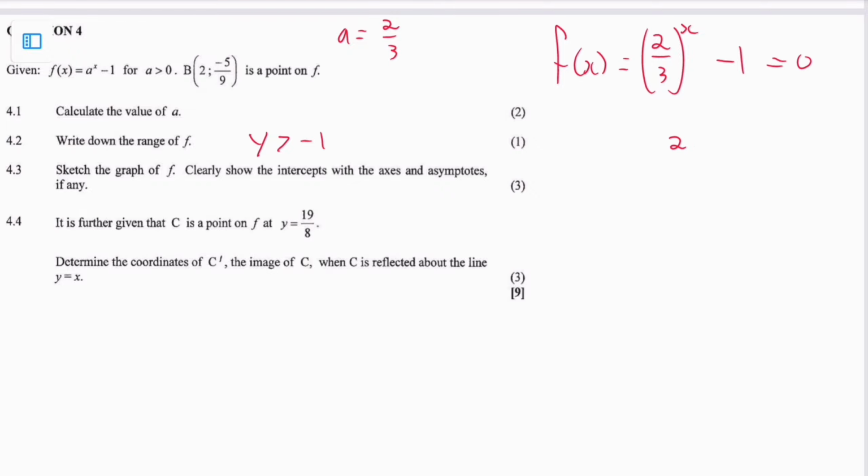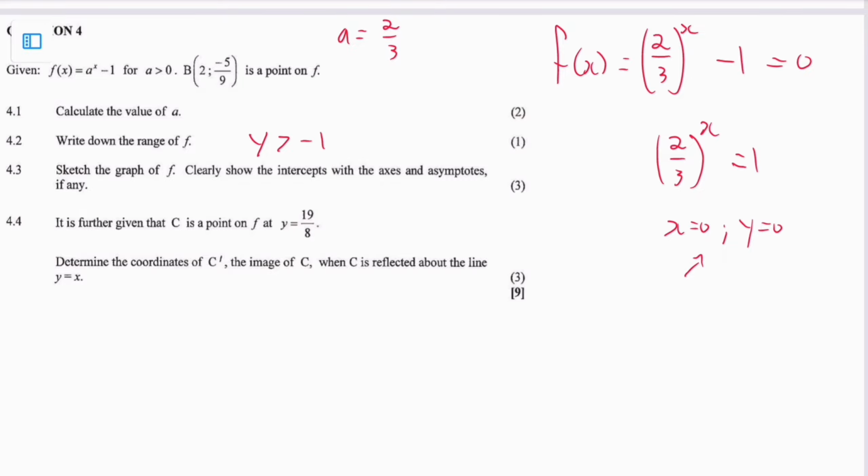So if we say 2 over 3 to the power x equal to 1, the answer we get for that is x equals 0. And so when x is equal to 0, y is equal to 0. Because 2 over 3 to the power 0, anything inside a bracket to the power 0 is 1. And so 1 minus 1 is equal to 0 and satisfies the equation. So the one intercept we have is definitely going to be x equals 0, y equals 0.